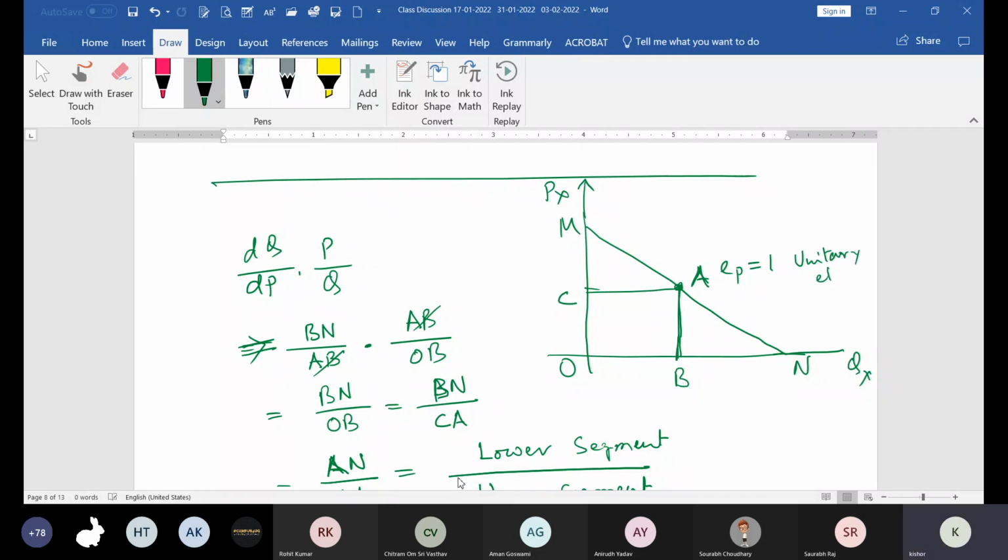Unitary elastic means if I change the price of my product by 1%, the resultant change in demand will also be 1%. That is, if I increase my price by 1%, demand will decrease by 1%. Meaning is like that. If the product is on the x-axis, point N, what will be the elasticity value?